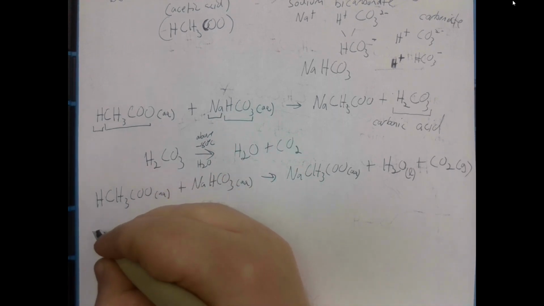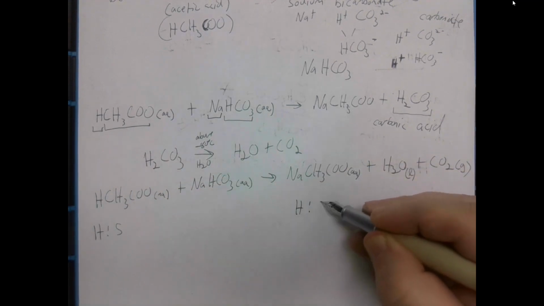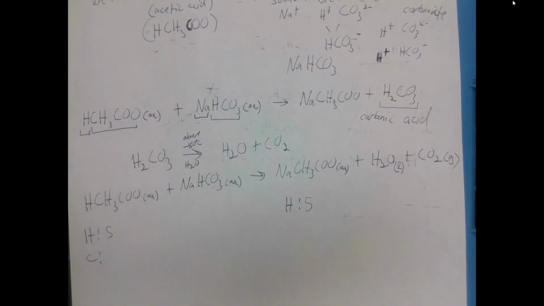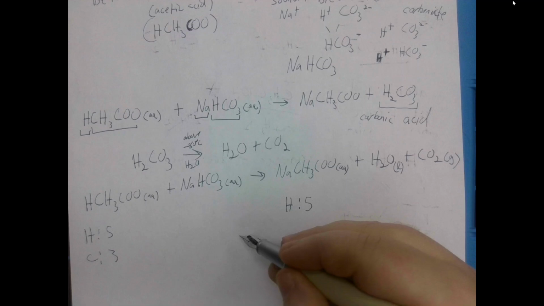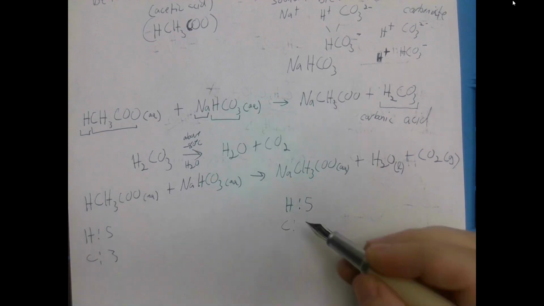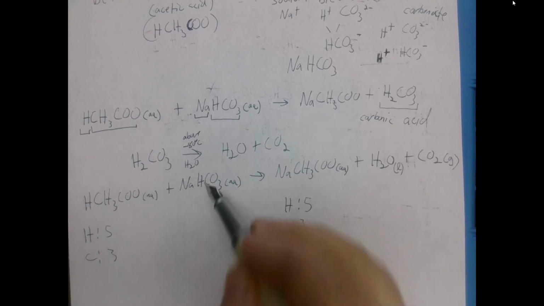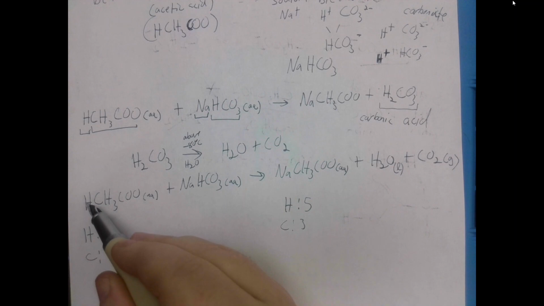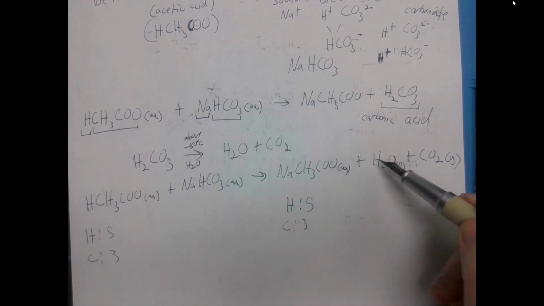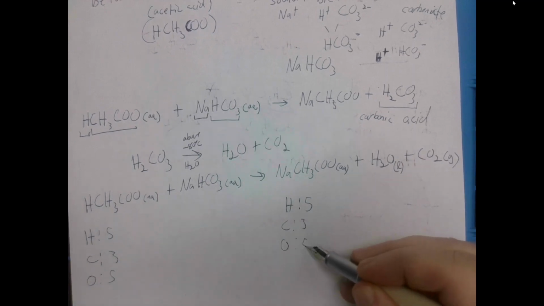How many carbon do I have on the left side? 3. How many carbon do I have on the right side? 1, 2, 3. There's 5 hydrogens. 1 plus 3 is 4, 5. So 3, 4, 5. And 5 oxygen. This is indeed balanced.